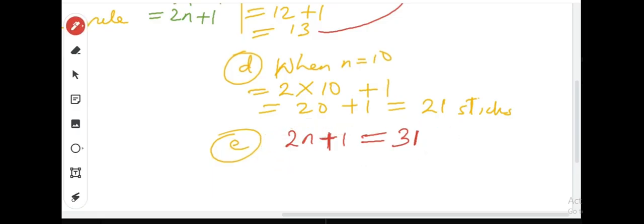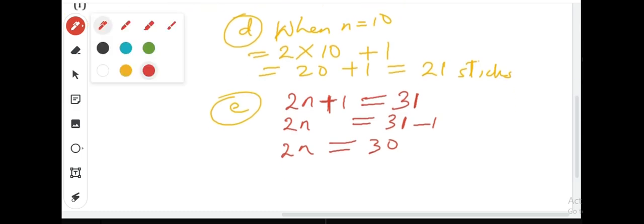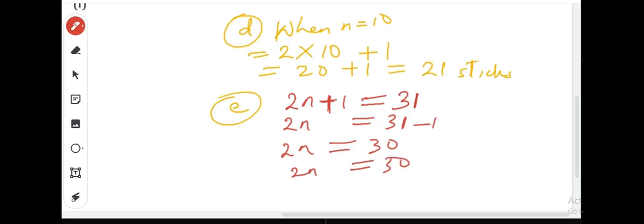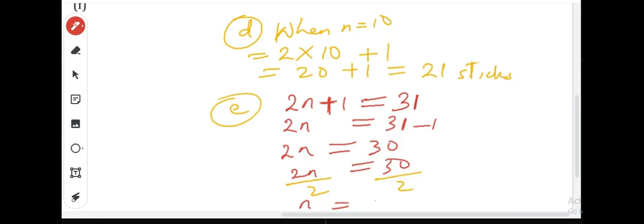So we simply collect like terms. We have 2n equal to 31, and this plus 1 crosses over and becomes minus 1. 31 minus 1 is 30, so 2n is equal to 30. We divide both sides by 2, so n equals 30 over 2, which gives us 15.